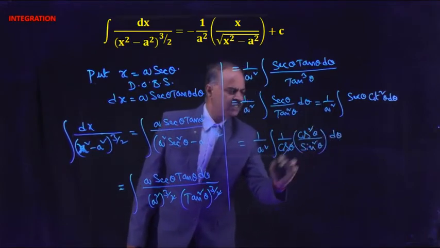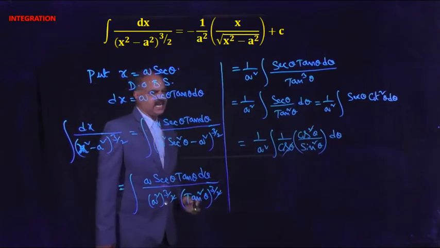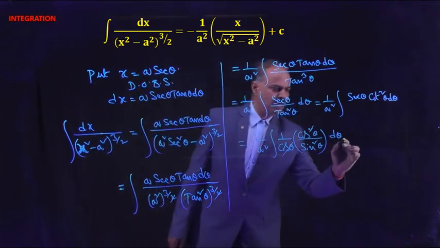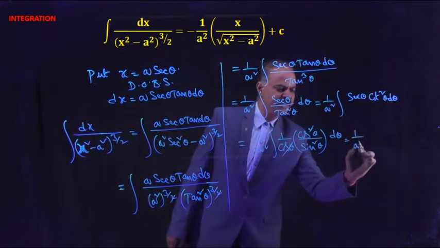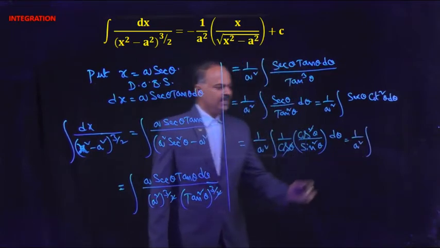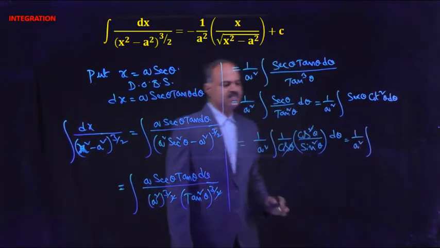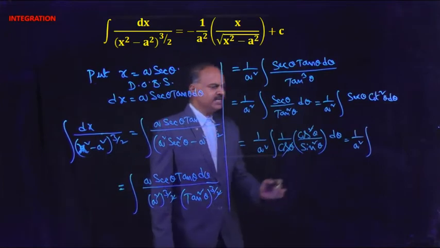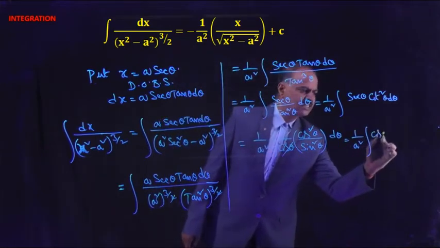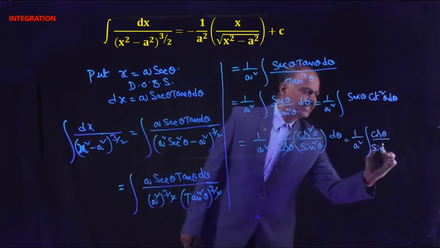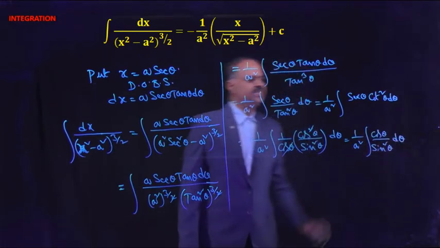Now here this square and this cos theta get cancelled. Now this equals 1 by a square into integral cos theta by sin square theta into d theta.